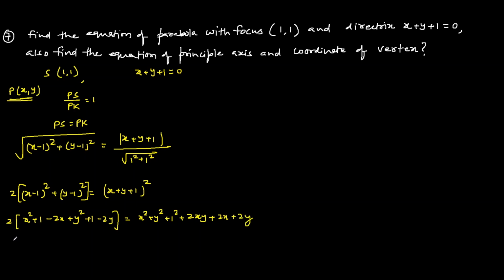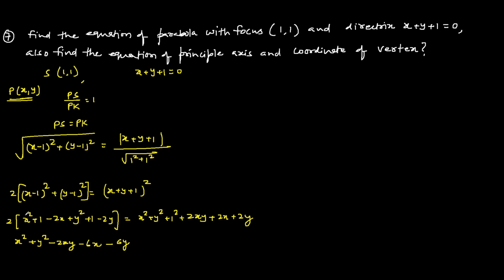So this equation is now 2x² - x² is x², and 2y² - y² is y². Then bring the -2xy first, and then -4x - 2x is -6x, and -4y - 2y is -6y.